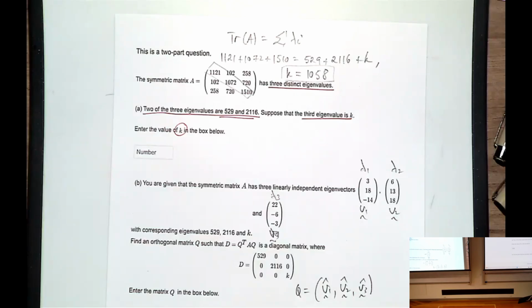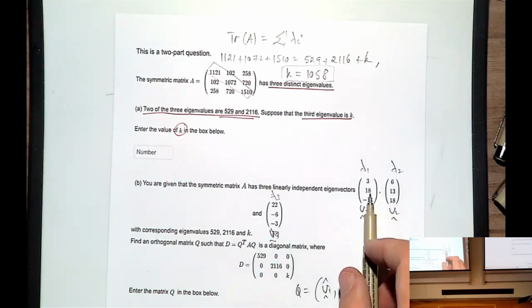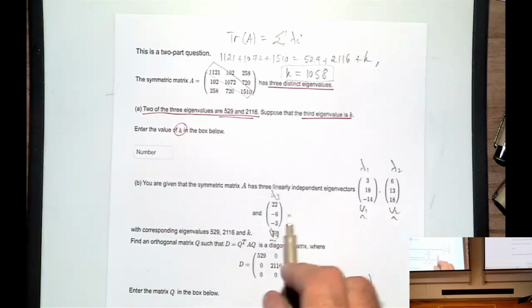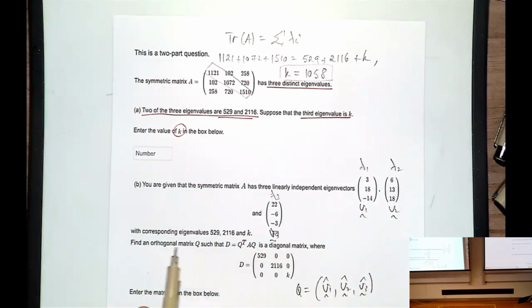Okay? And then, in part B, they're saying you're given that the symmetric matrix A has 3 linearly independent eigenvectors, which it should, right? Because it's symmetric, and symmetric matrices are nice. Here are the 3 eigenvectors, v1, v2, v3. Okay.